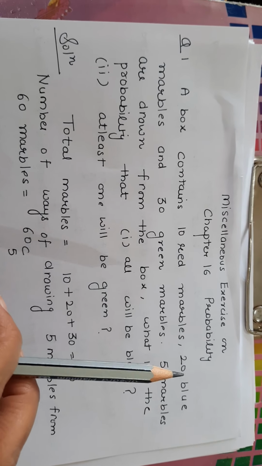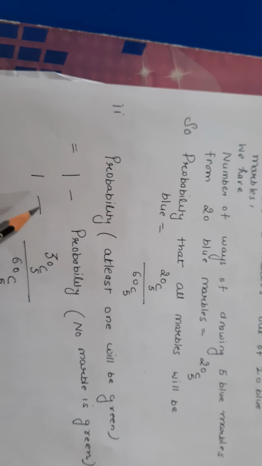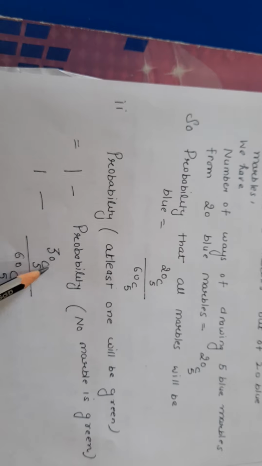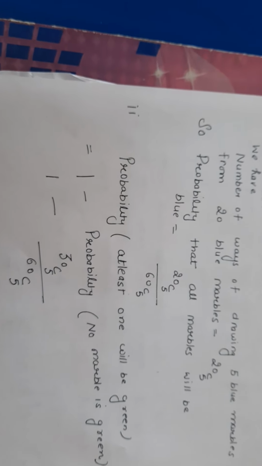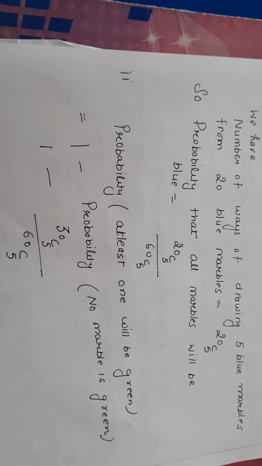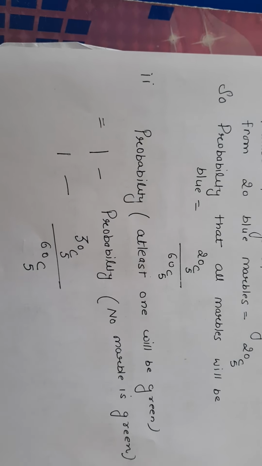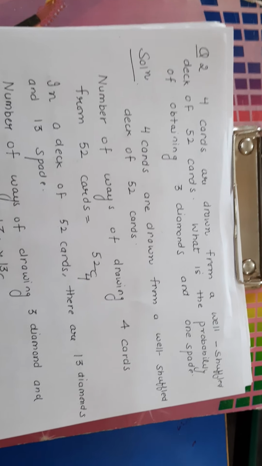That means other than green are 30 marbles. So here you have to select 5 from 30. So this is 1 minus 30C5 divided by the total outcomes of sample space. Now the total outcomes are 60C5. Again simplify this part and you will have your answer.